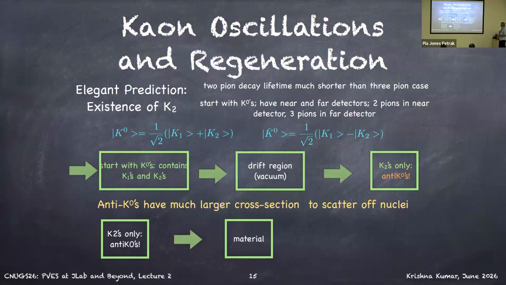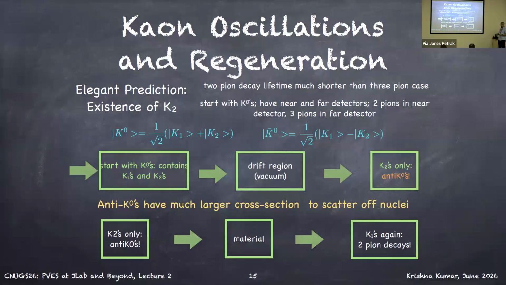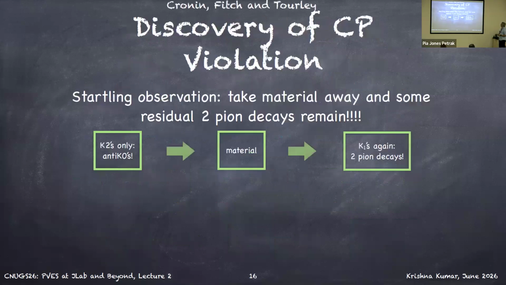And so if I put the material in, I will see 2 pion decays again. It's an amazing thing, right? So you started off here, drift region, anti-kaons, you put material, boom, K0s again. Even though you've drifted a long way, you've suddenly generated new K1s, and so you have 2 pion decays again. So it's a brilliant thing to test, and so it was done.